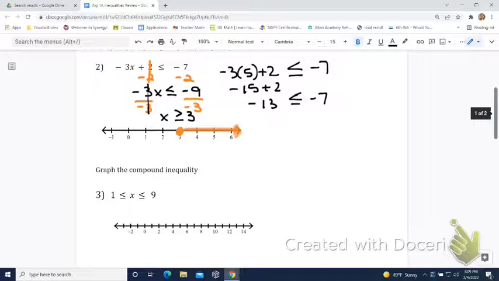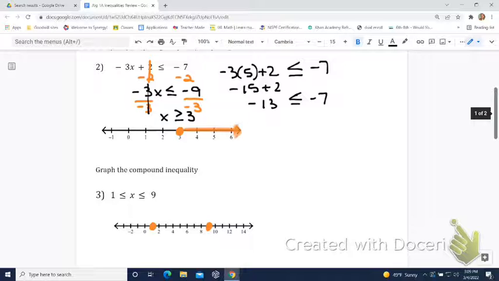All right, next one. You do not have to solve this one. You are just graphing this compound inequality. Remember, compound inequalities have more than one part. In this case, we have a closed circle at 1 and a closed circle at 9.